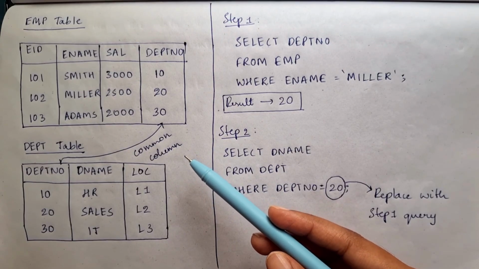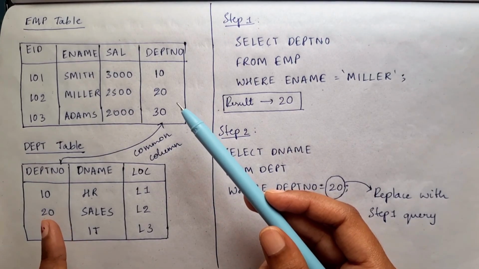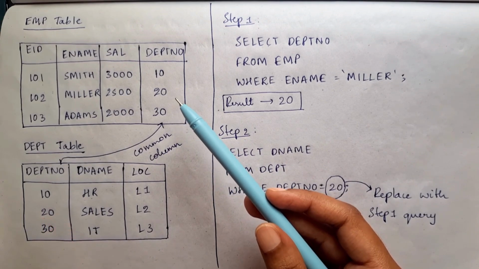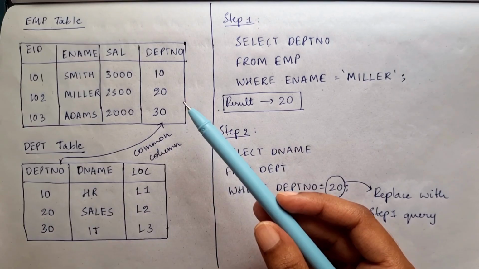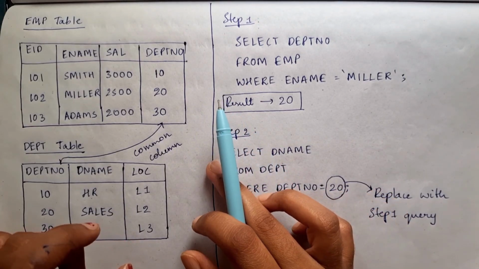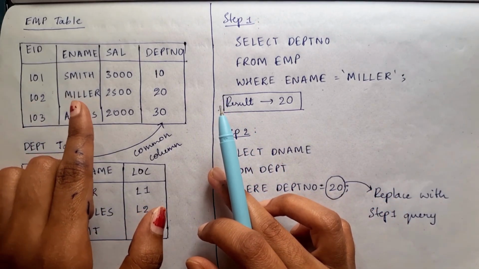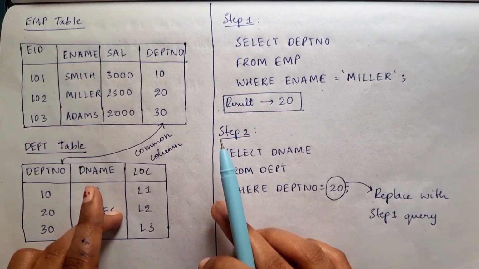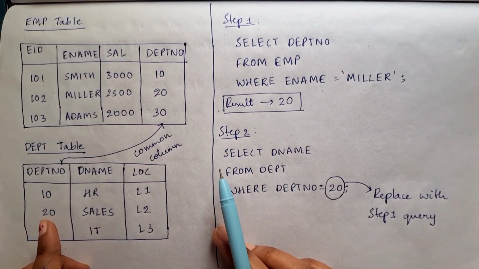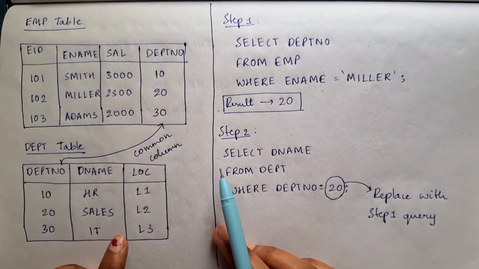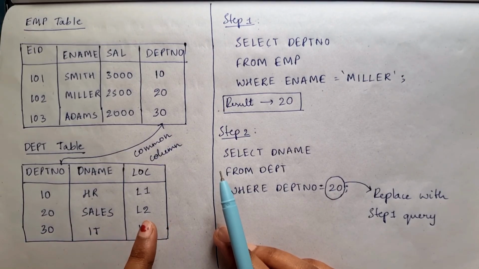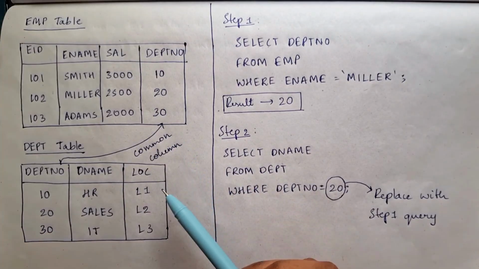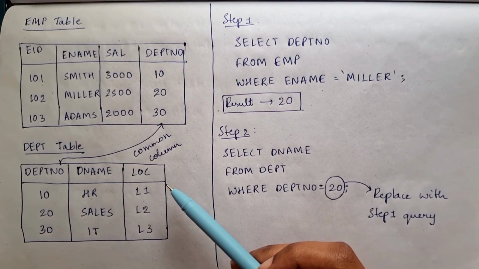If you observe carefully, the column department number is present in both the tables. In the employee table, the department number tells us which department an employee belongs to. And in the department table, the same department number tells us the department name and its location. So this column acts like a connection between the two tables.